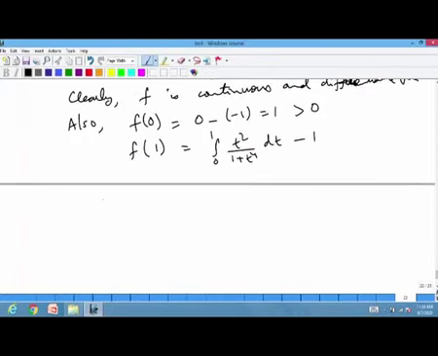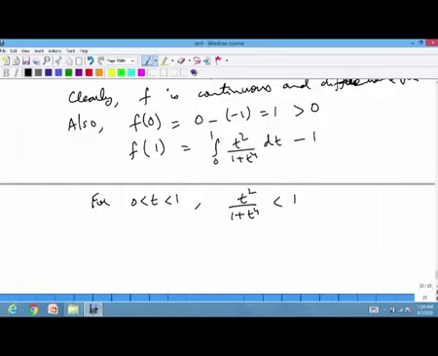Now, for t between 0 and 1, t squared by 1 plus t to the 4 is strictly less than 1.